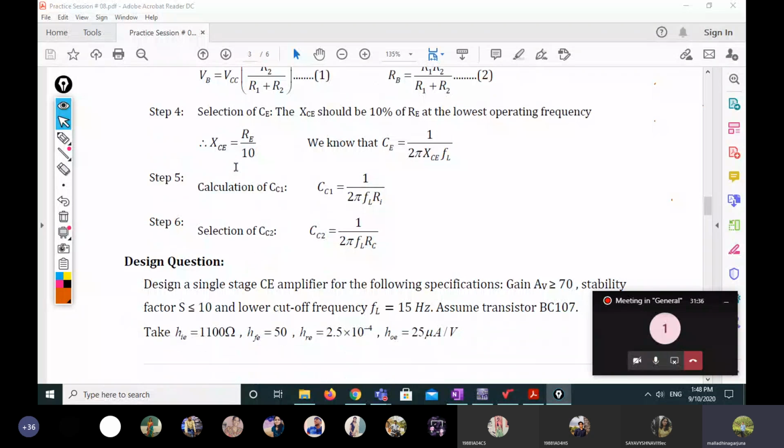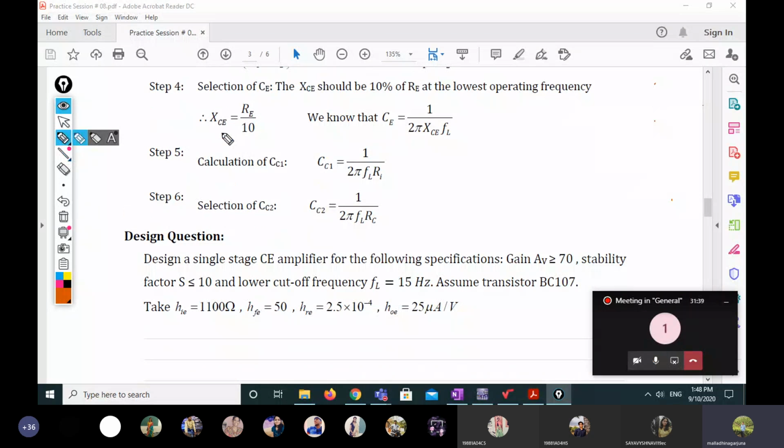For these capacitors, first is the selection of CE, the bypass capacitor. How to calculate that? From day one I told that the bypass capacitor offers a low reactance to the RE resistor.